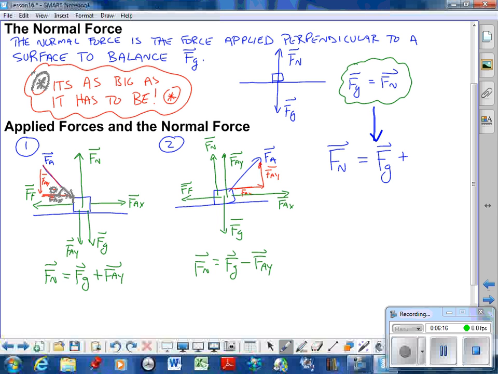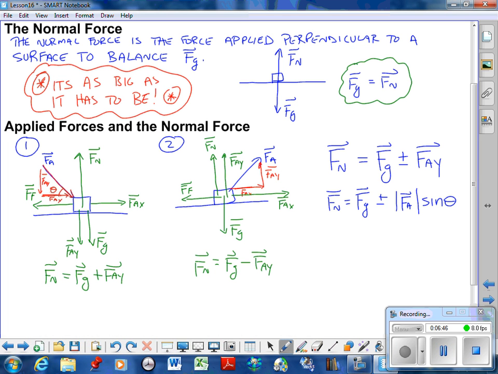So it could be plus or minus your Fay, force in the y. You can even simplify, or I can make that formula a little bit cleaner for you: Fg plus or minus the magnitude of your applied force times sine theta.